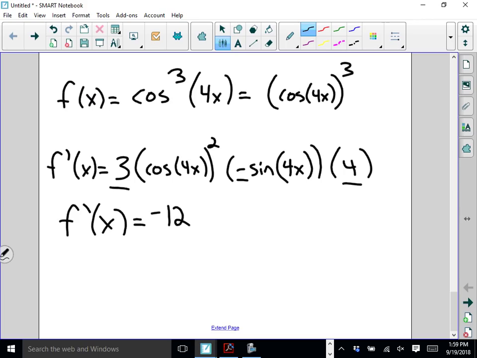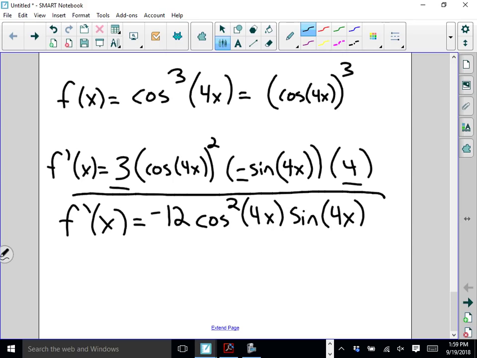Then I have a cosine squared of 4x times sine of 4x. On the multiple choice section of the test, this is how that answer would be written. So we got to be able to go from our first unsimplified answer to a nice, pretty looking f prime function. That's it for today.